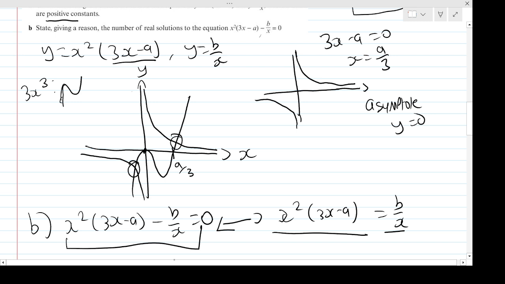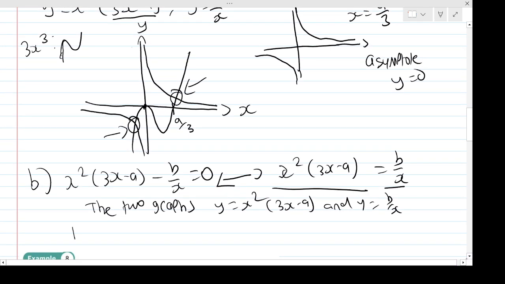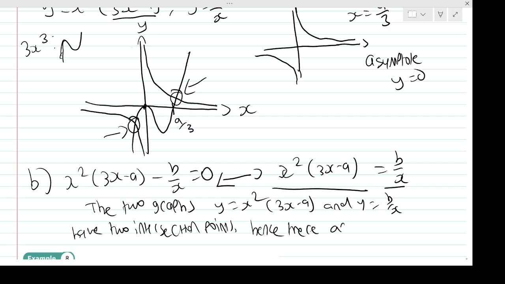As we just saw, we circled here and here. There were two intersection points. So the two graphs, y equals x squared times (3x minus a) and y equals b over x, have two intersection points. Hence, there are two solutions to the equation, right?